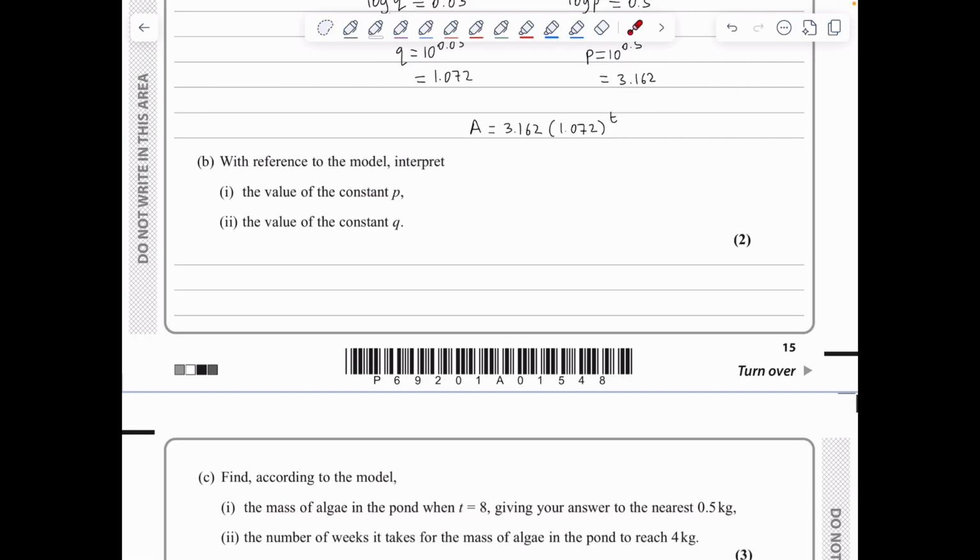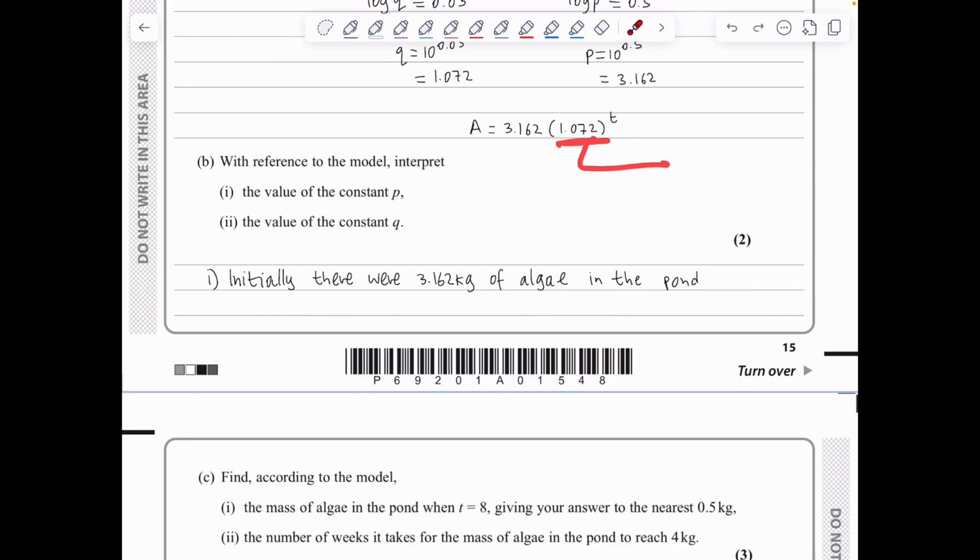Now, with reference to the model, we need to interpret the value of P and the value of Q. So looking at what we have here, the P is the 3.162, and we can see that when T is 0, this is 1, and therefore A is 3.162. This simply means that initially we had 3.162 kilograms of algae in the pond, whereas for the value of Q, the 1.072, we can see that each time T increases by 1, the mass of algae is multiplied by 1.072.